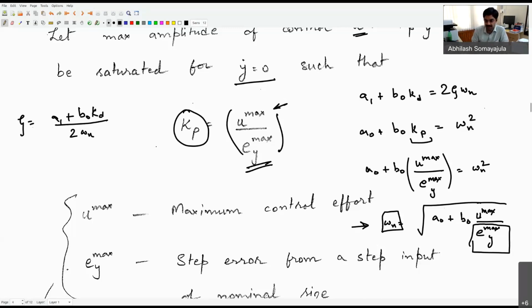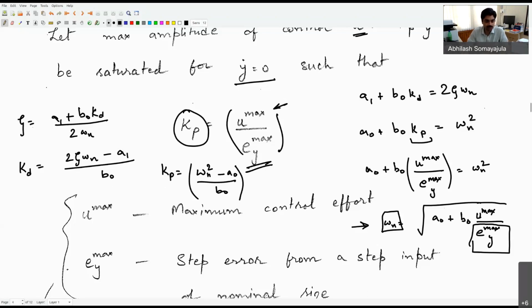So if I wanted to write Kd, then I would simply write that 2 zeta omega n minus A1 divided by B0. Similarly, Kp would be given by omega n square minus A0 by B0.